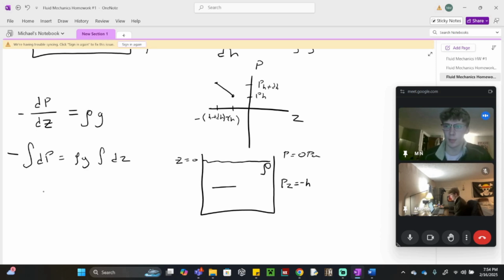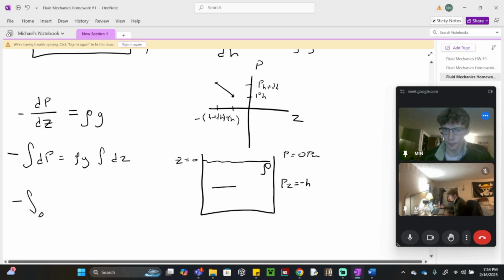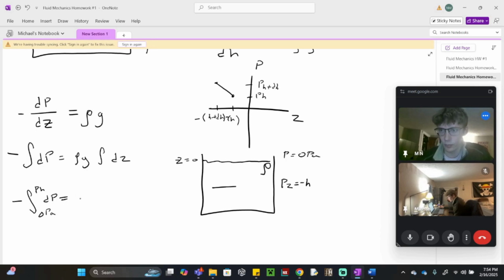Now we must set up our limits of integration. For our pressure integral, we'll go from our surface, which is 0, to our pressure at h, dp, which is equal to rho g, and for these limits we'll use negative h and 0, because z equals negative h and z equals 0, dz.